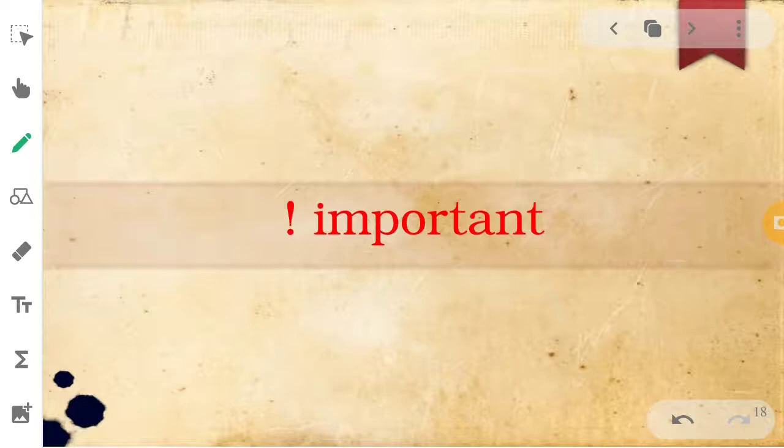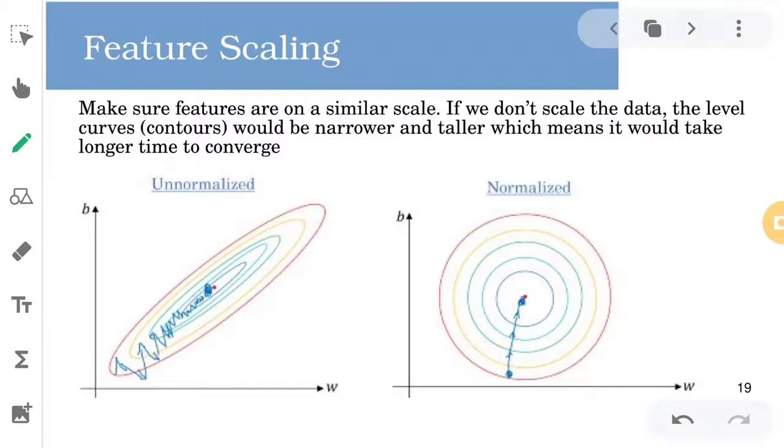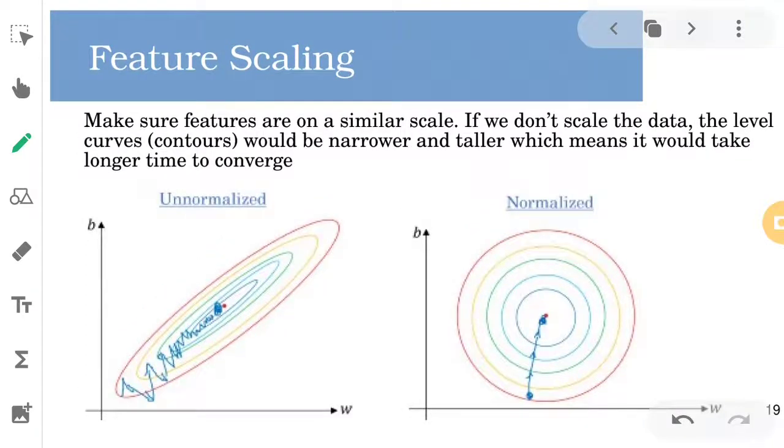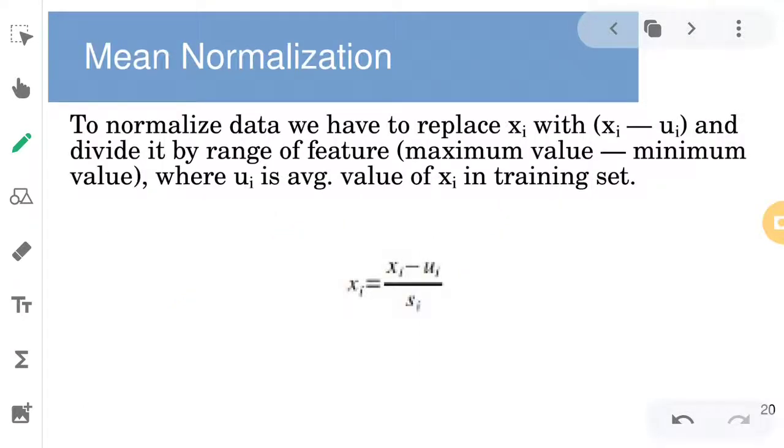Now some important things. Feature scaling. This is unnormalized data and this is normalized data. What is unnormalized and normalized data, and mean normalization?